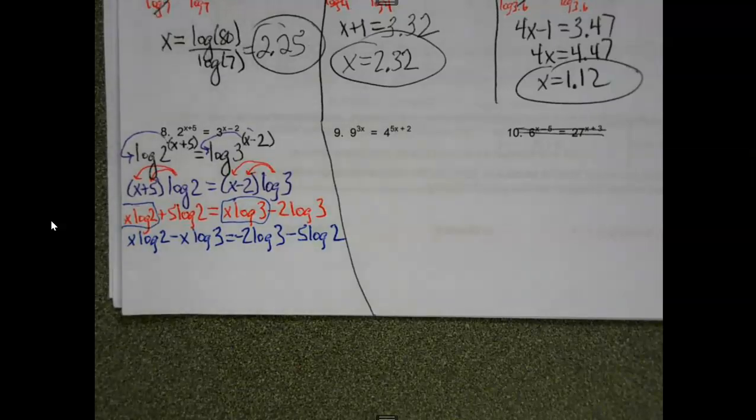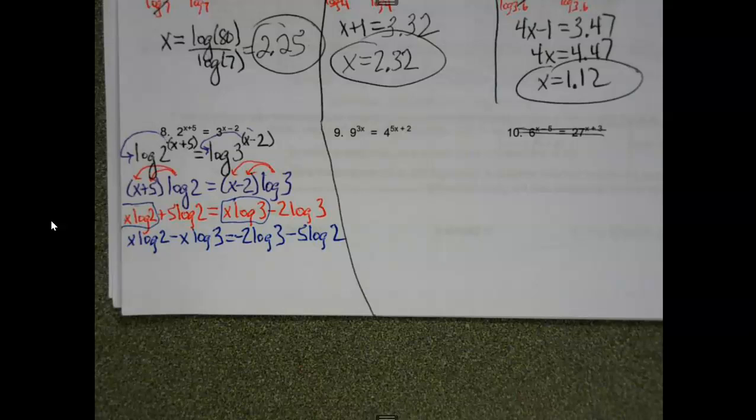So what we've done by using that base log is given ourselves the ability to get these x's out of the exponent, because they became our coefficients here. Did a little distributing with our log base 2. So my x gets it, so does my 5. My x gets it, so does my minus 2.